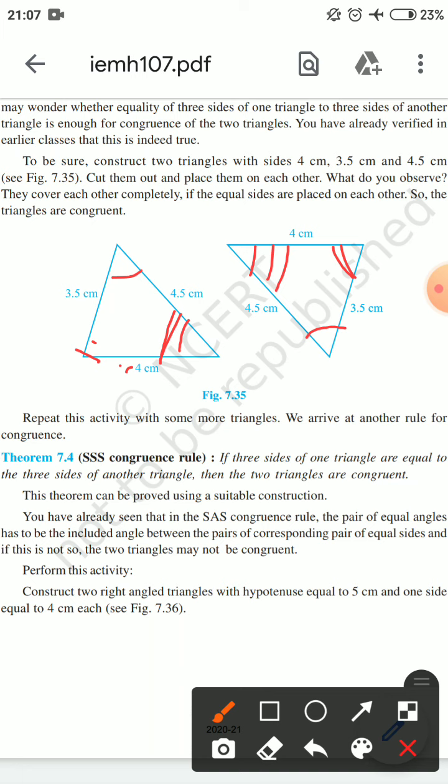As we have studied, in CPCT, corresponding parts of congruent triangles are equal. If two triangles are congruent, then their corresponding parts will also be equal.